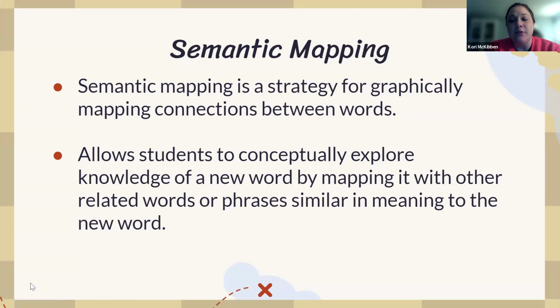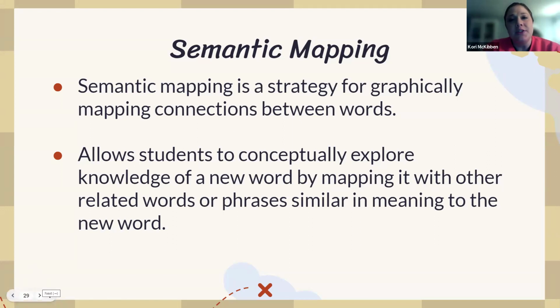Almost 100% of my students are multilingual learners, so this is a great way to create a visual map. It's very easy, but it focuses on academic vocabulary and the connections between words, which helps with the categorizing and the connections that help us then remember.